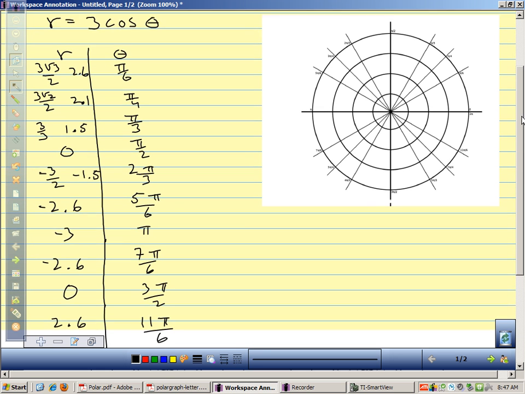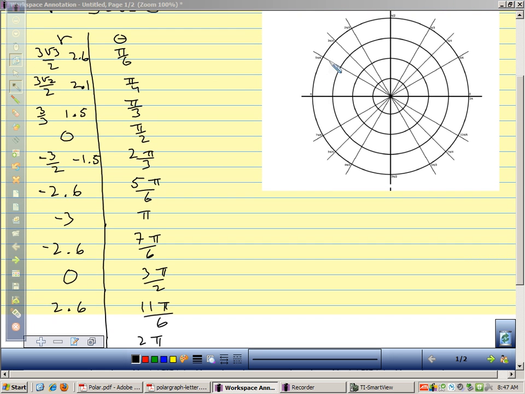We're going to plot all these points on our polar graph here. At pi over 6, our radius is 2.6, so I went up to pi over 6 and out 2.6, about here.